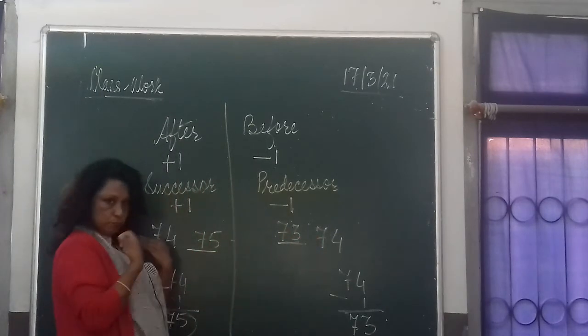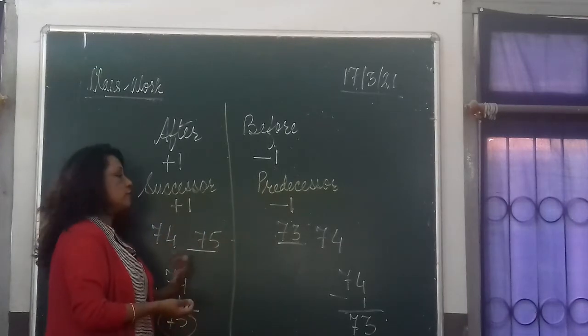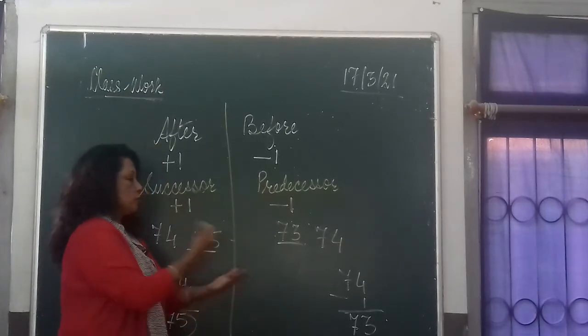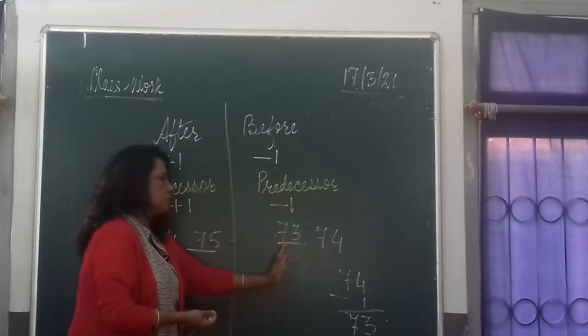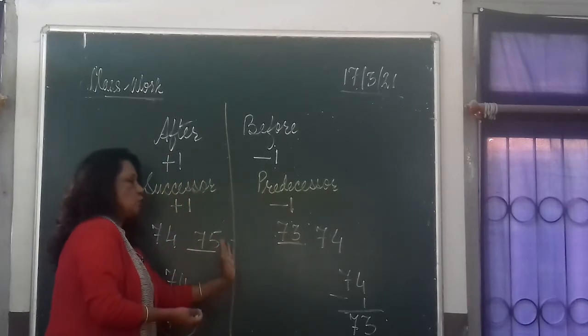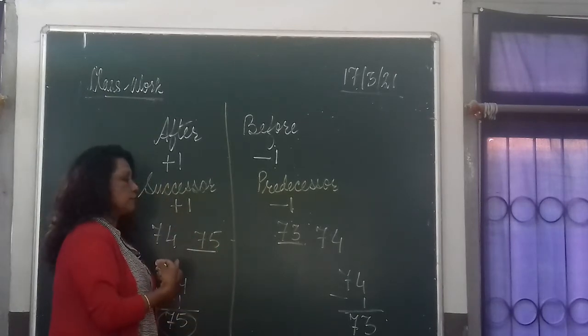That means you are moving backwards. You have learnt counting forward and backward. So you're counting backwards. Okay? 74 and 73, then 72, 71, 70, 69, it carries on. You move backwards. Alright?